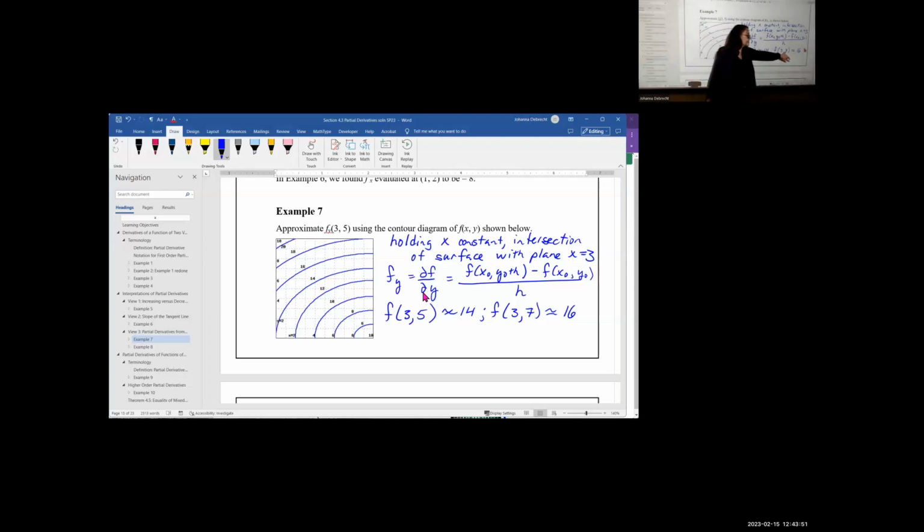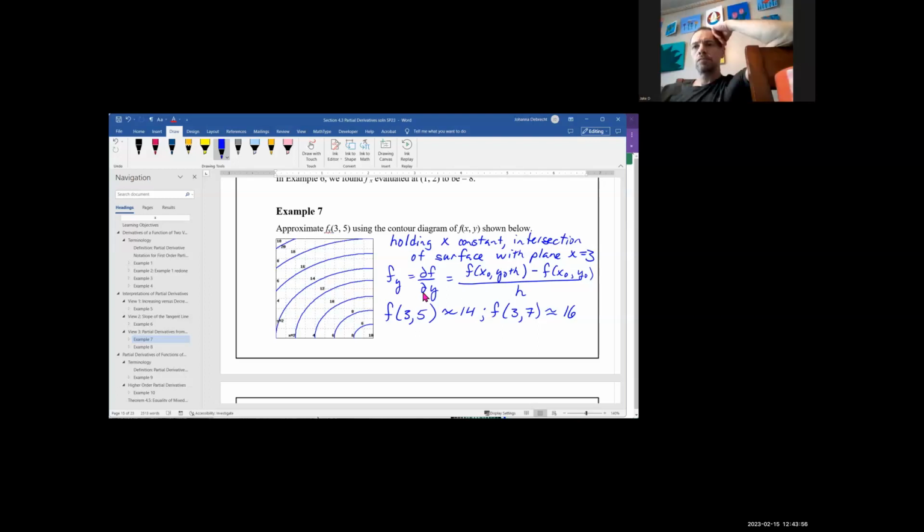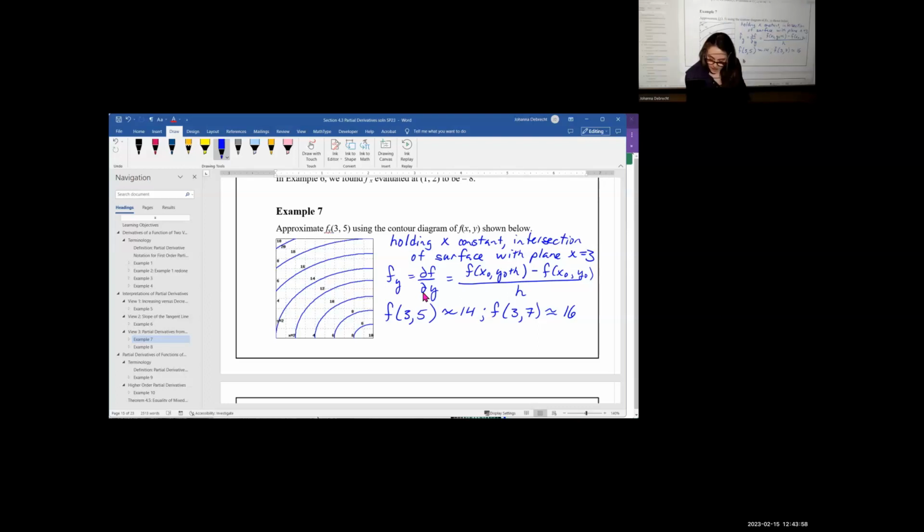I went from 5 to 7, so my h must be 2. So my partial derivative with respect to y is approximately 16 minus 14 divided by 2, which is 2 over 2, which is 1. So the slope of the tangent line at that point is approximately 1, because this is an approximation.